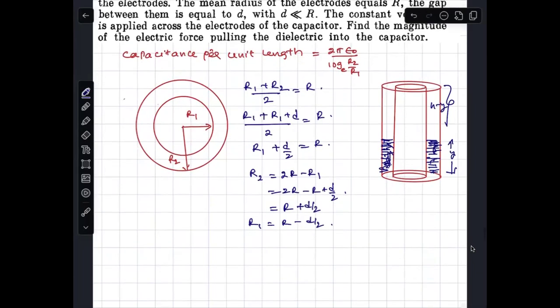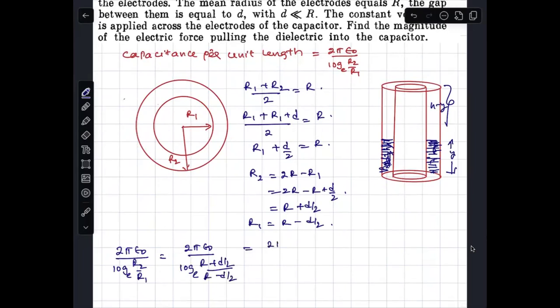Now why are we doing all this? This capacitance, 2 pi epsilon naught by log_e R2 by R1, can be written as 2 pi epsilon naught by log_e of (R plus D by 2) by (R minus D by 2).